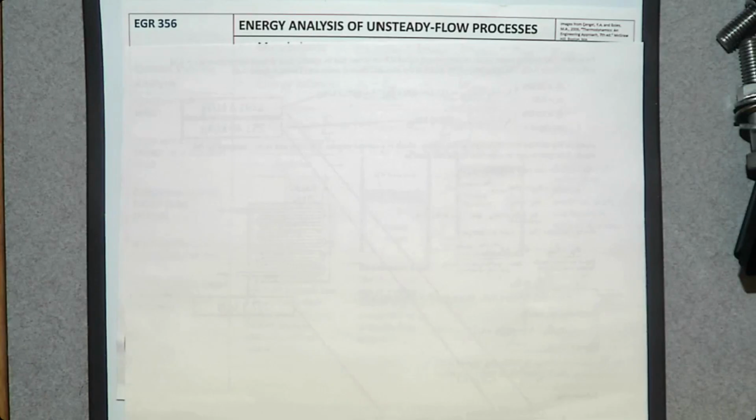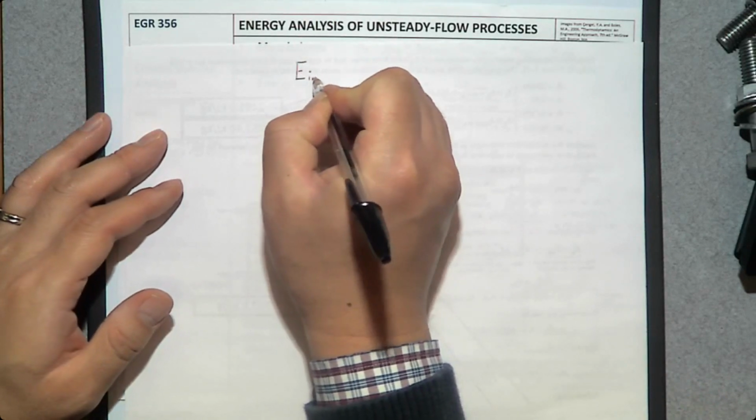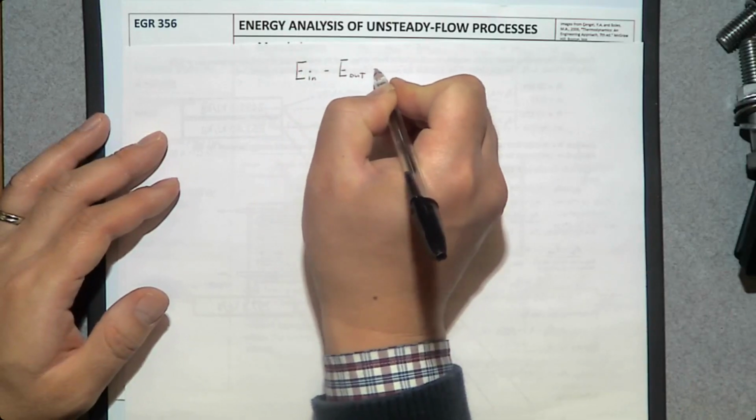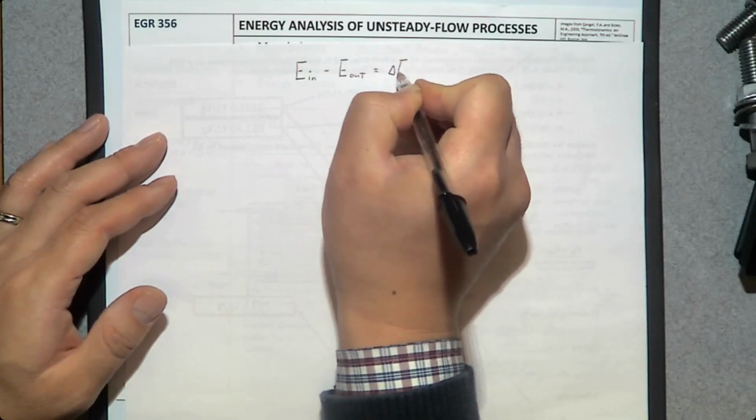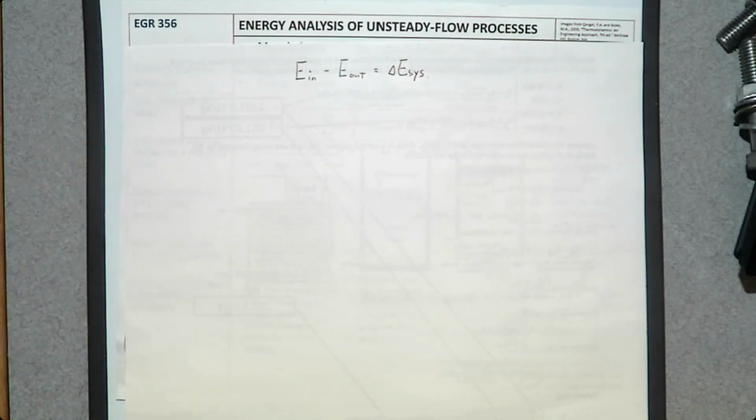We can start with the very basic energy balance equation. What is that? Energy transfer in minus energy transfer out is going to be the change of energy of a system. This is the energy balance equation that we studied from day one, right?